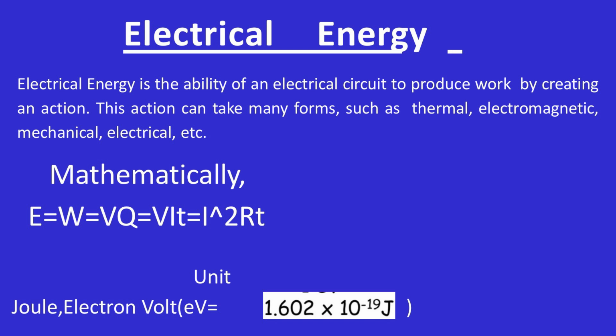So whatever it may be, if it is due to the electrical, then it is the electrical energy. If it is due to thermal, then that is the thermal energy.